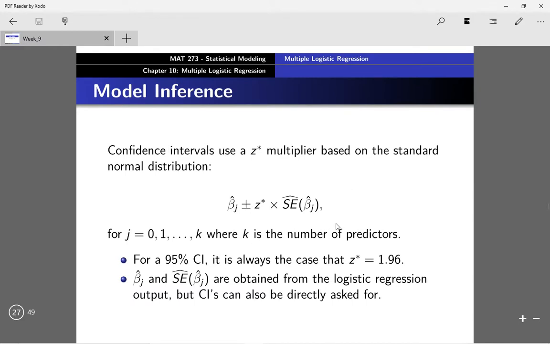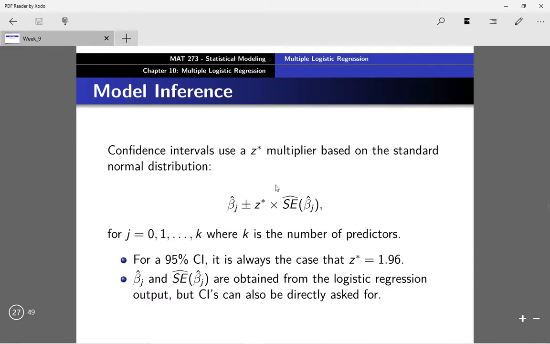And so that has to do with distributional assumptions that these models rely on. So the confidence intervals for multiple linear regression relied on quantiles from a t distribution to get the t-star multiplier. So that's why it was denoted with a t. It's not too important that you know that for this course, but just for statistical theory, if you ever go on to take a course in that.